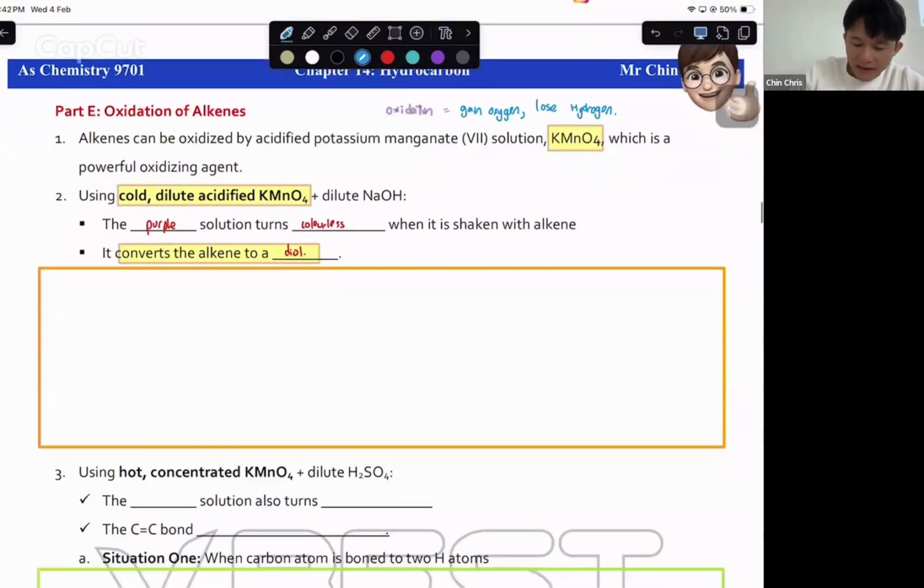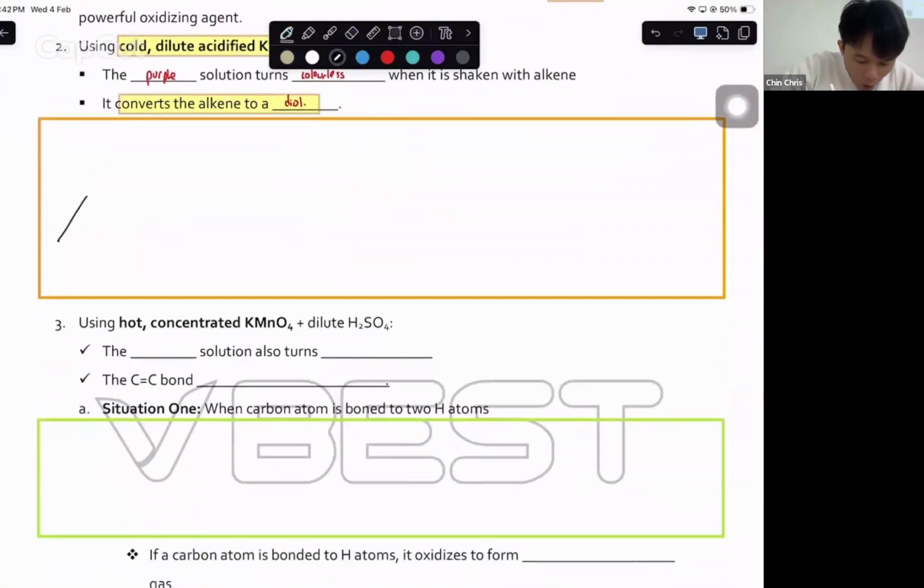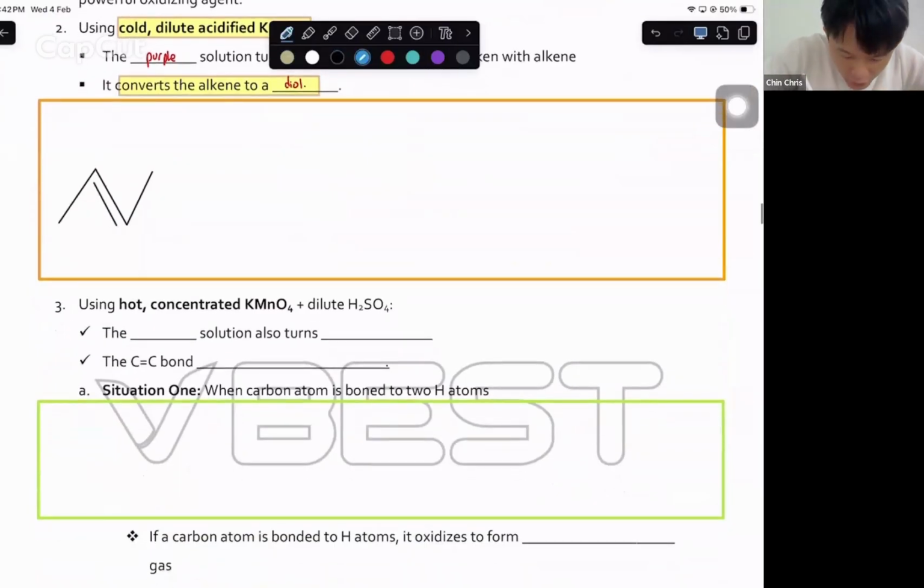Alright guys, now let's go. The first one, I just want you guys to draw this out. If I have an alkene, and I add H2O, this is under cold dilute acidified KMnO4.